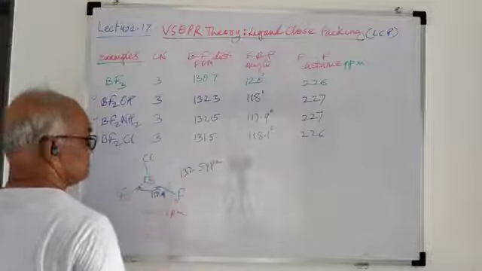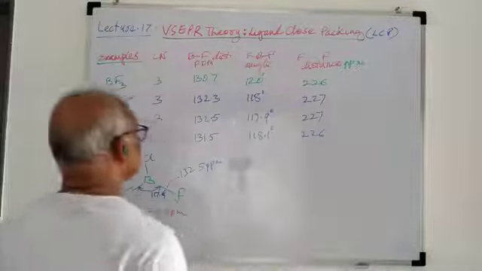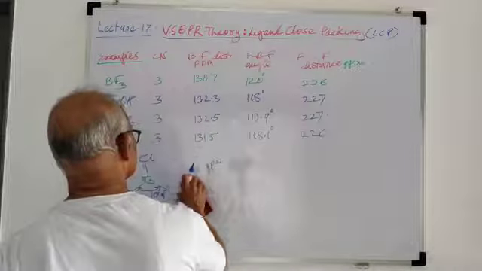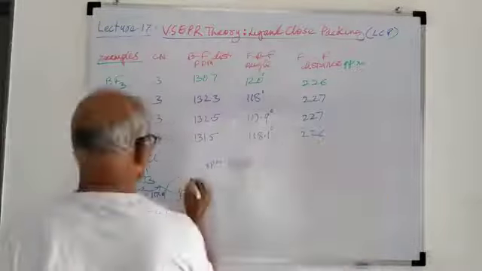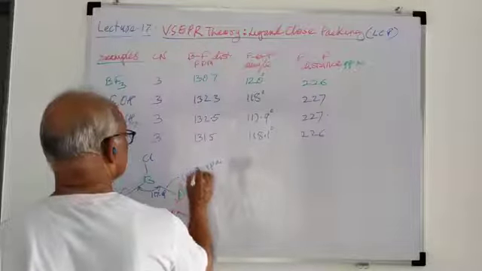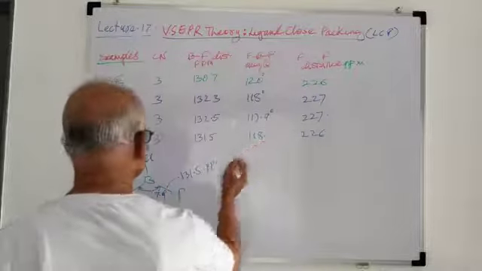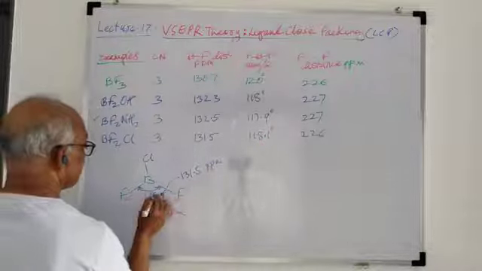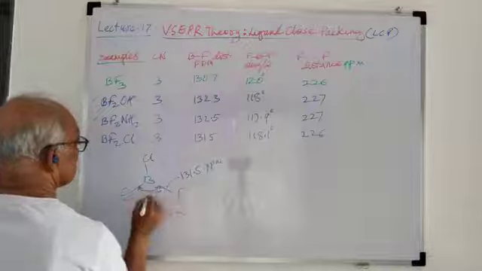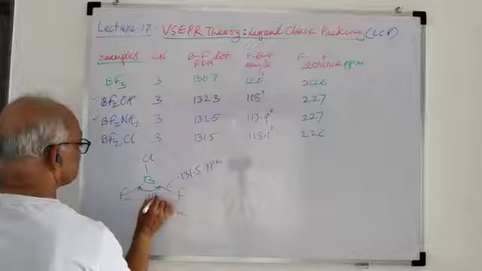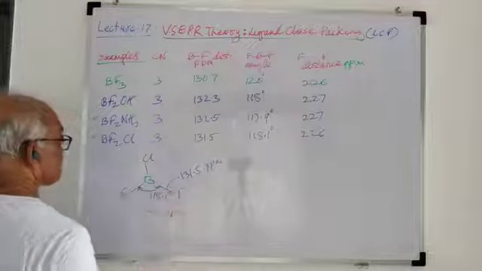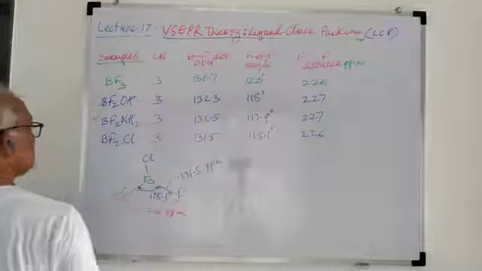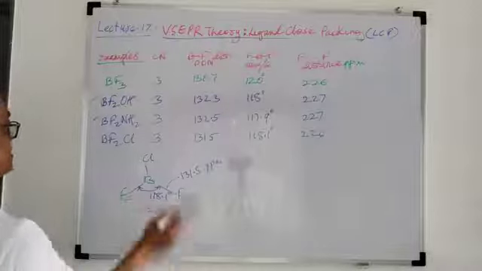Now in this case BF2Cl, if we take Cl, here the distance is 131.5. This angle again increases, it becomes 118.1 degrees. So there is an increase in the size and an increase in the bond angle.